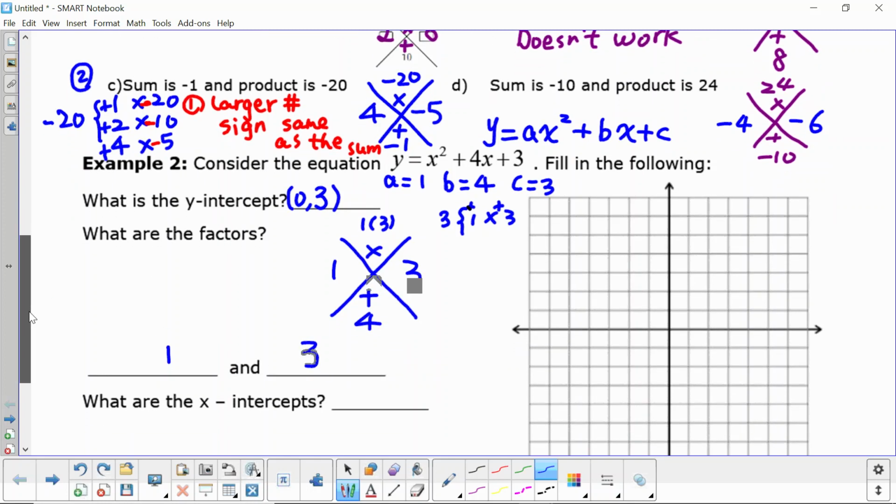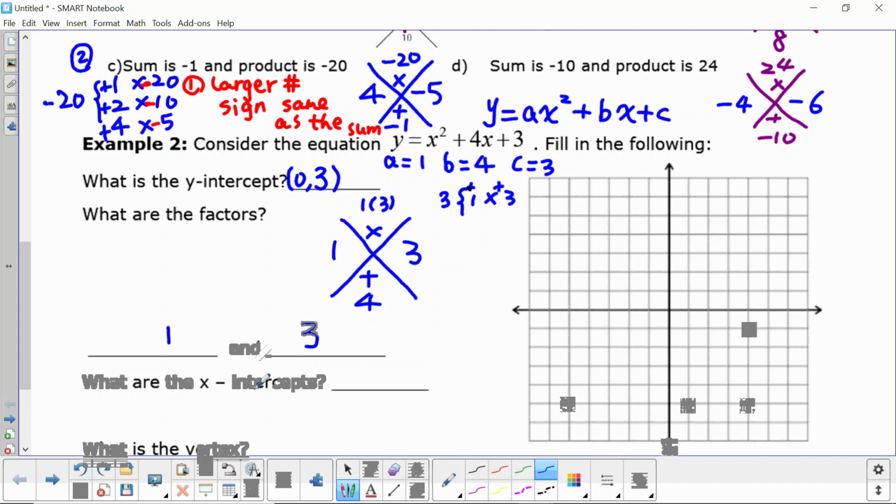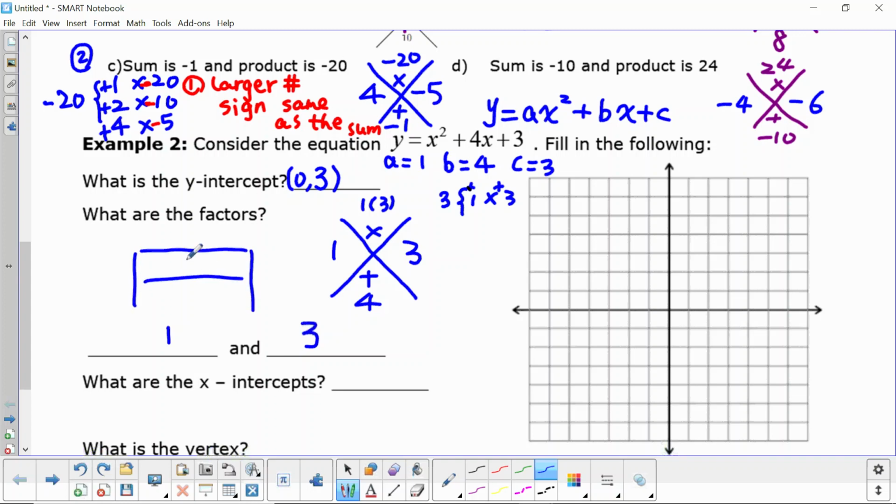Then after that, it asks you what the x-intercepts are. So we are going to see what these factors mean. Factors are the two numbers for the length and the width, 1 and 3. And we are going to see if this length and width give you this area.